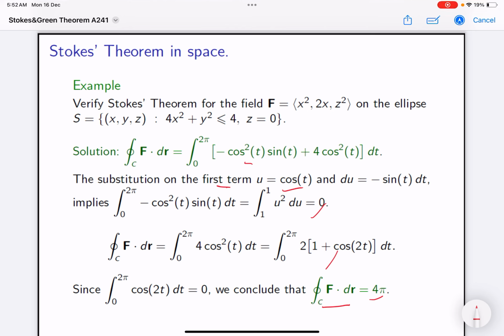The second part is another way to solve it, but the answer is the same. We can use whichever is easier for us to understand. So that is for the Stokes theorem.